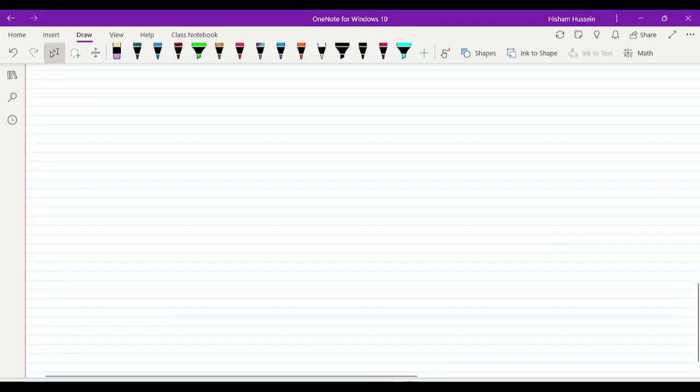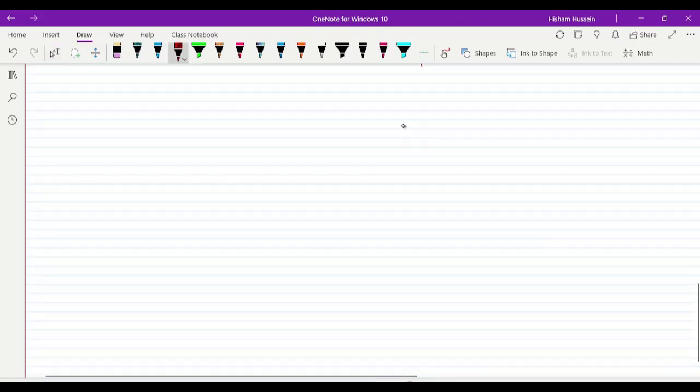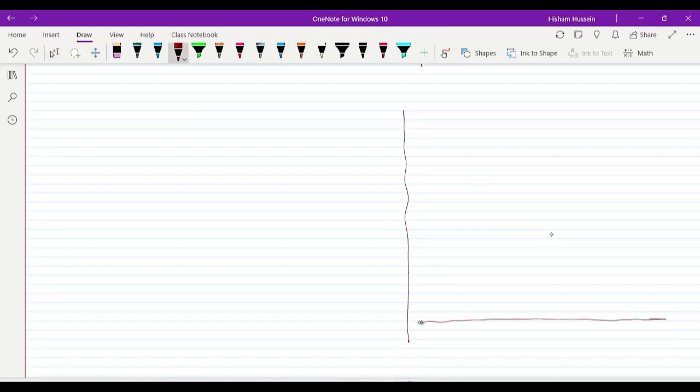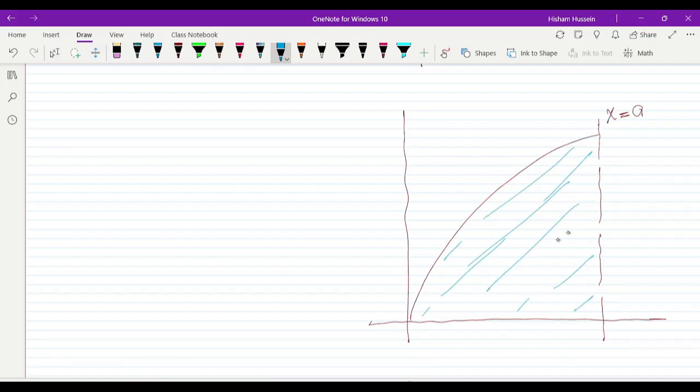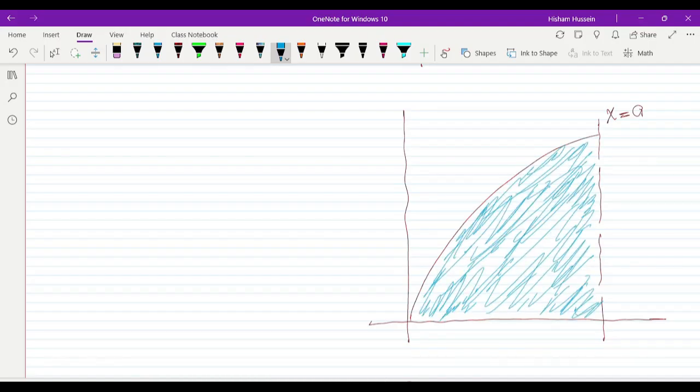What if we would like to rotate about a vertical axis, like x equals a? We need to rotate this area about x equals a. The equation of this curve is x equals g of y.